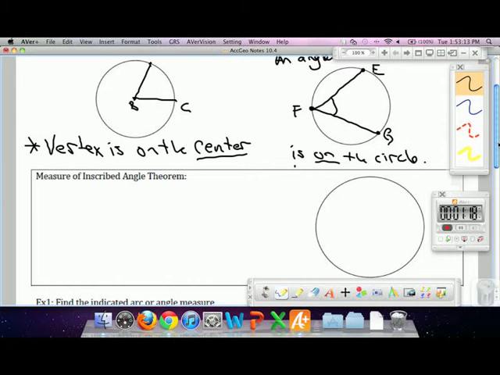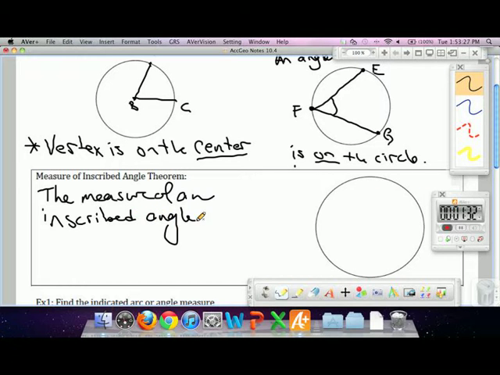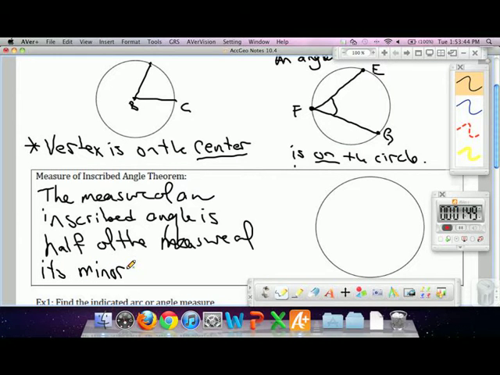It says that the measure of an inscribed angle is half of the measure of its minor arc. An inscribed angle is exactly half as big as the measure of its minor arc.